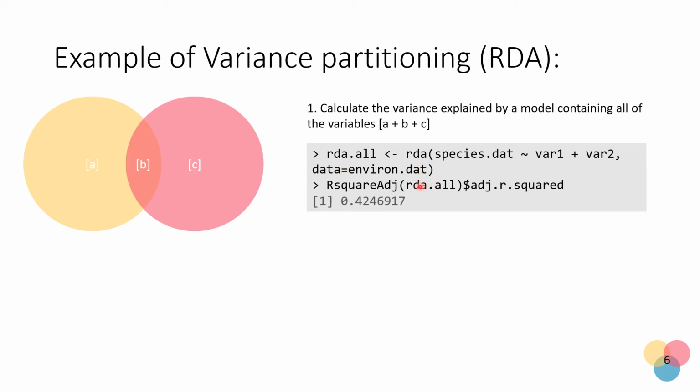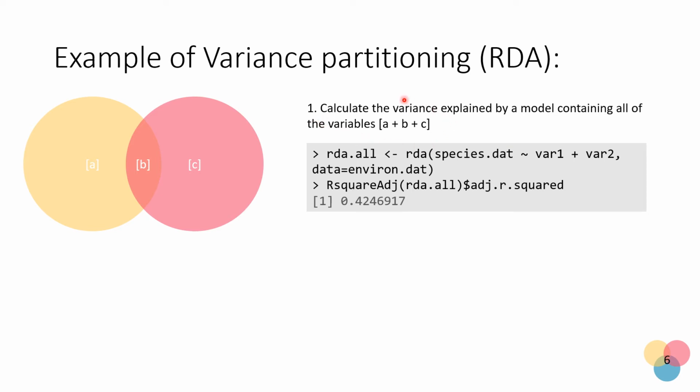The reason we use adjusted R squared is that some of these variables might be tables of variables, so you might have different numbers of variables in these tables, which will cause your R squared to be inflated, because R squared increases with each variable you add to a model. So we want to adjust it for the number of variables so it's not inflated and therefore not comparable between models.